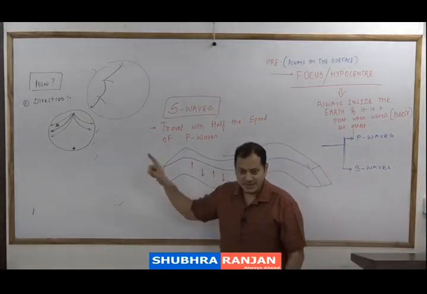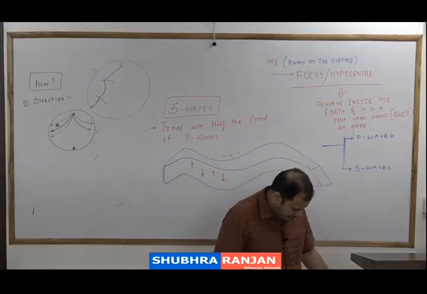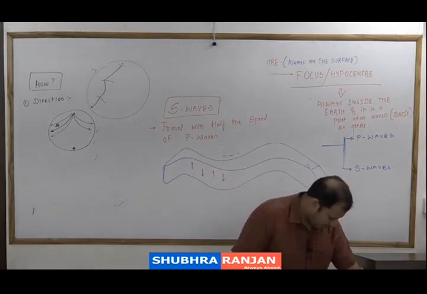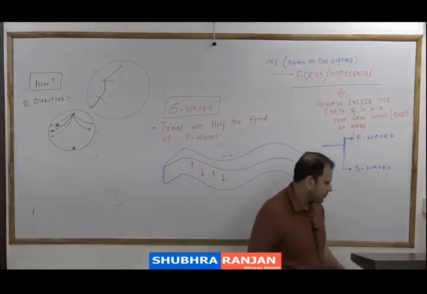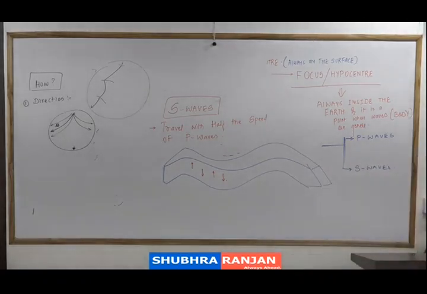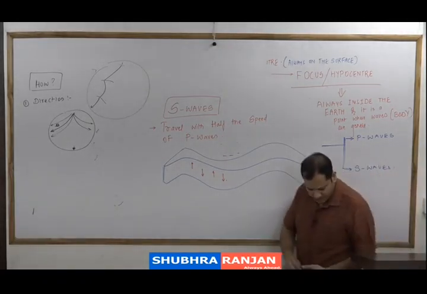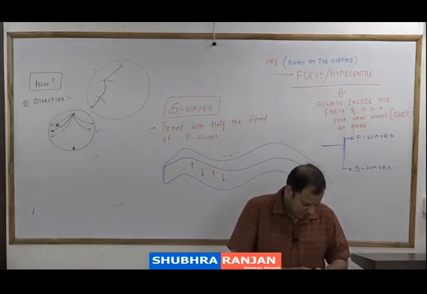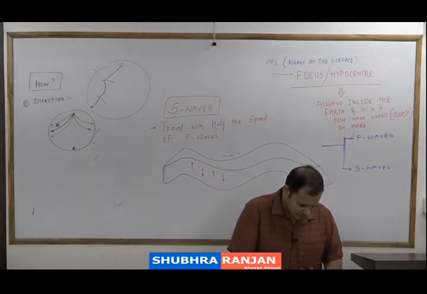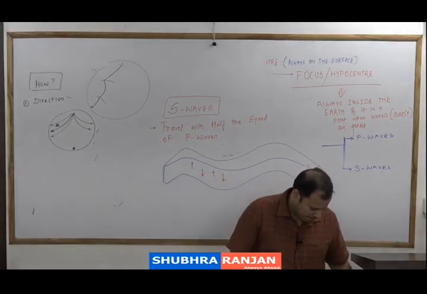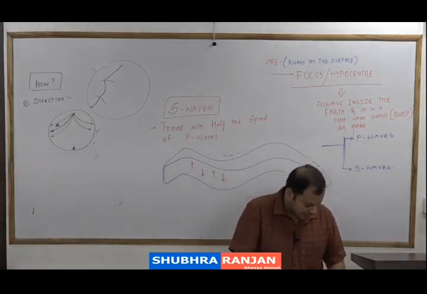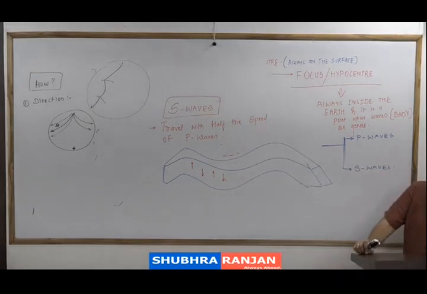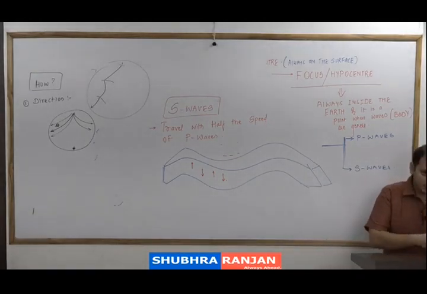So one is direction. So you can take down the change in the direction, and the velocity, and the velocity is due to the changes in the densities of the medium through which P and S waves pass.